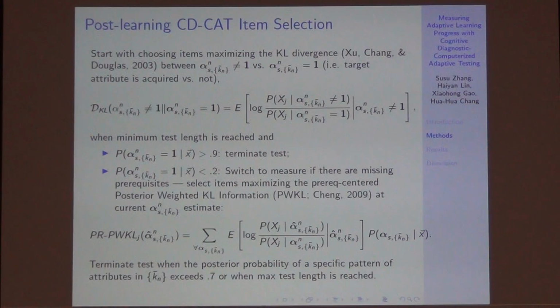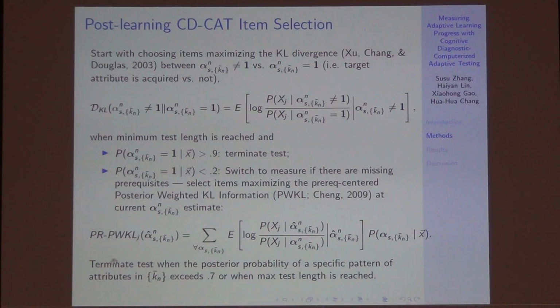On the other hand, if we are pretty confident that the student has not learned the target skill, we want to switch to measure why he or she is not learning it. And we want to focus our measurements on whether there are any missing prerequisites. In this case, we want to use the PWKL, the posterior weighted KL information at the current estimate, which is given by this over here.